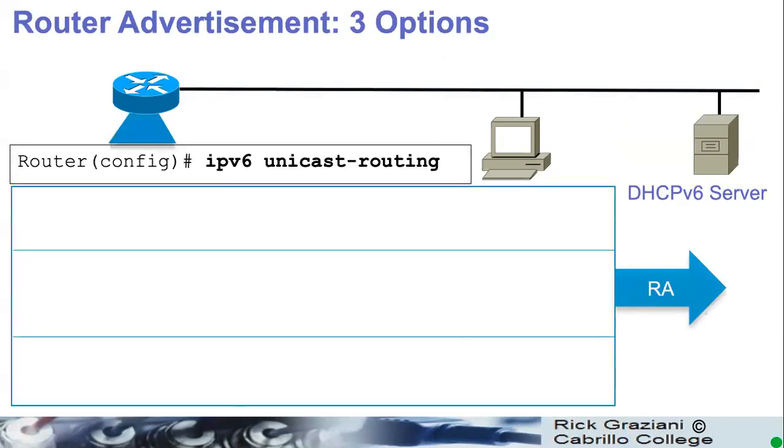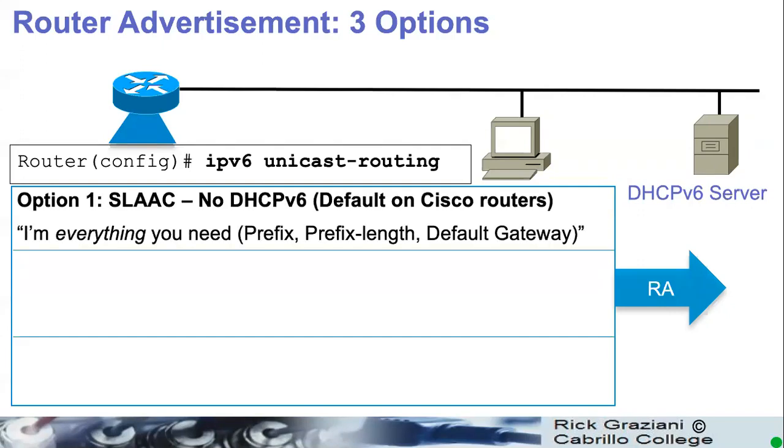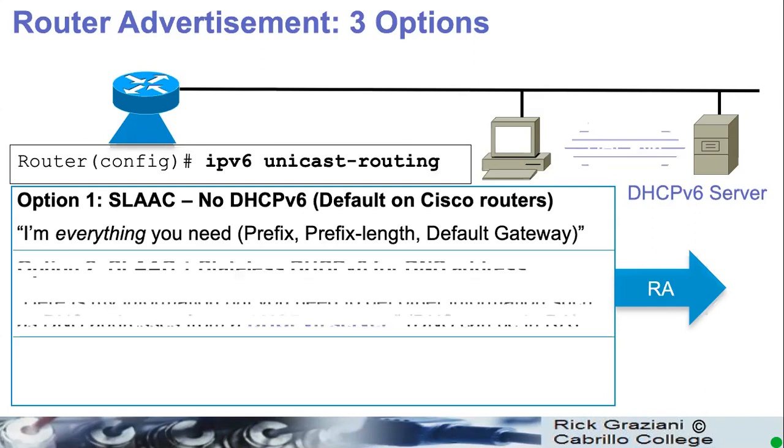Okay, so there are 3 options the router advertisement provides. The first one is SLAAC only, and this is the default on Cisco routers, meaning I'm everything you need. You don't need to talk to anybody else to get any kind of addressing information. Again, these are all suggestions to the end device operating systems.